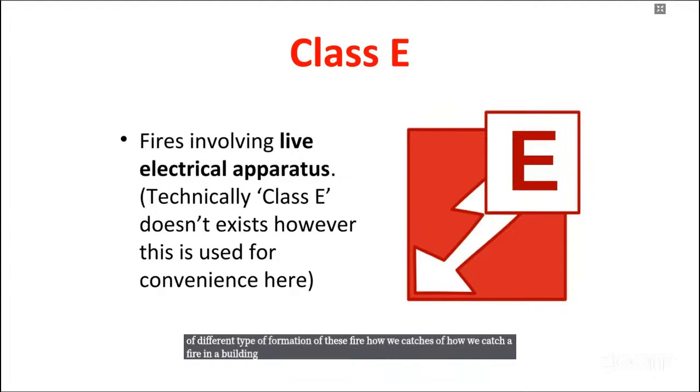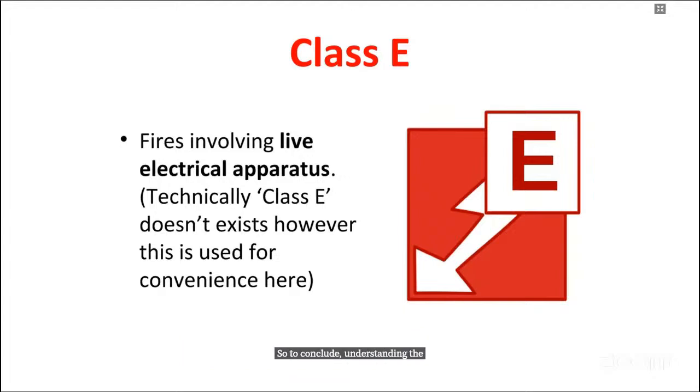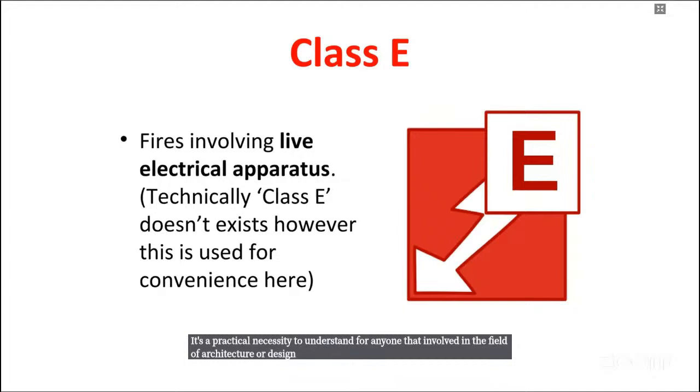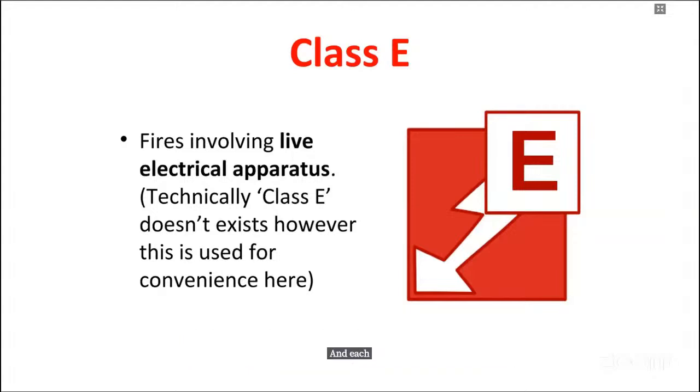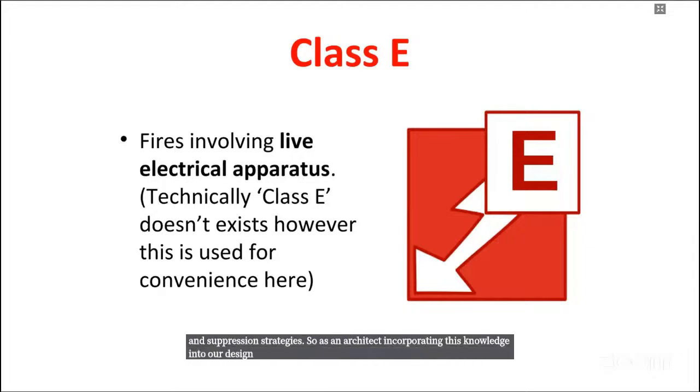So to conclude, understanding the categorization of fire from class A to class E is not just a theoretical exercise, guys. It's a practical necessity for anyone involved in the field of architecture or design. Each class represents a different and unique type of risk, and each class requires specific prevention and suppression strategies, as you have been seeing from A to E. As an architect, incorporating this knowledge into our design ensures that we create spaces that are not only functional and aesthetically pleasing.